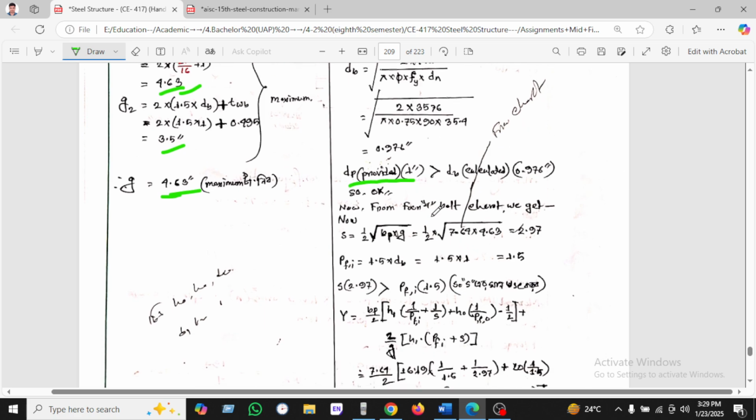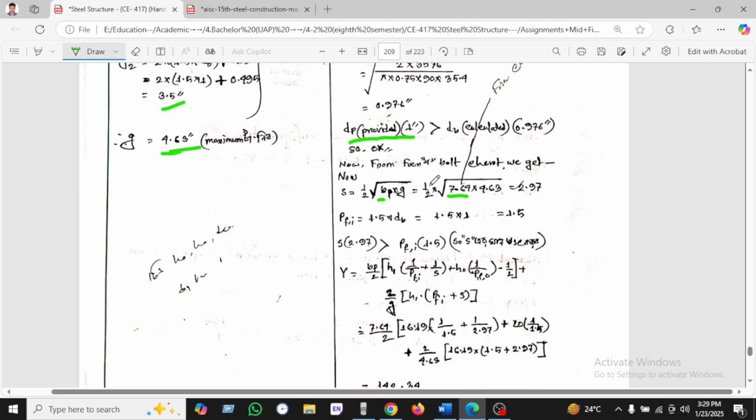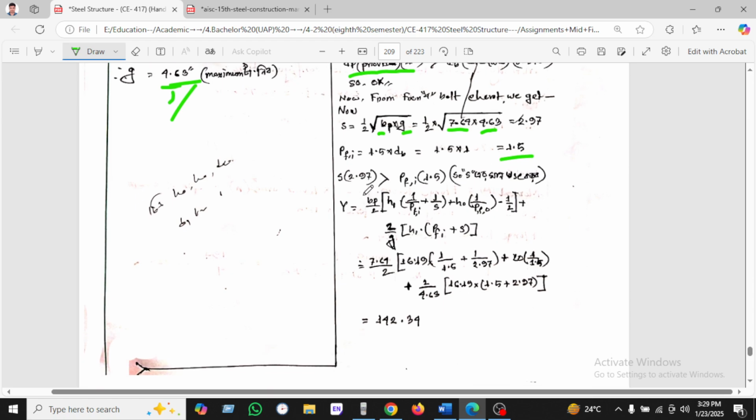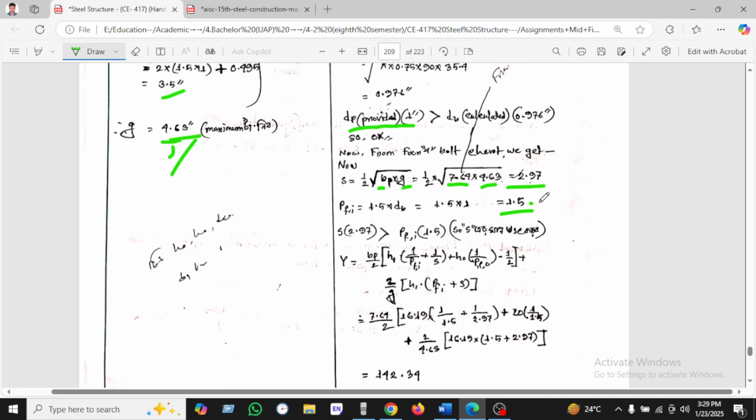Now from the chart, we get s equals 1/2 root of bf into g, with bf 7.64 and g 4.63, found 2.97, and p equals 1.5 into db, which is 1.5. So 2.97 is greater than 1.5.